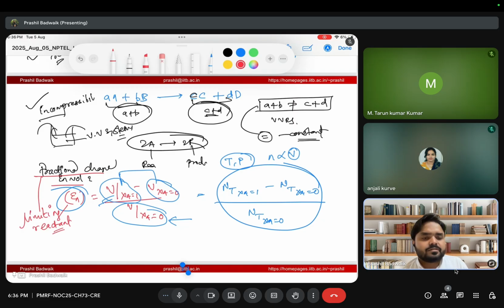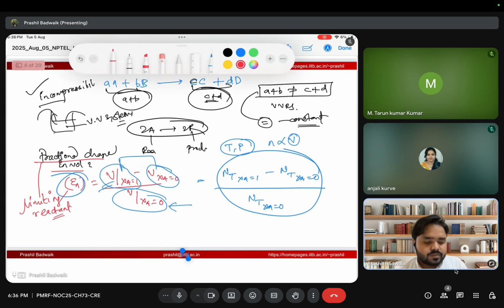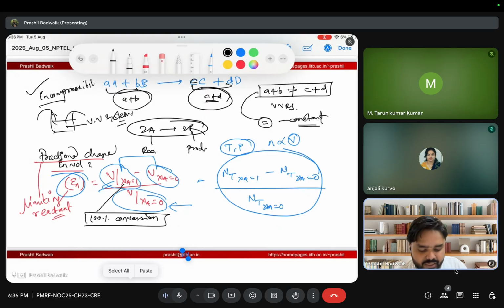And very important, this is defined when we have 100% conversion of the limiting reactant. So defined for limiting reactant and 100% conversion.